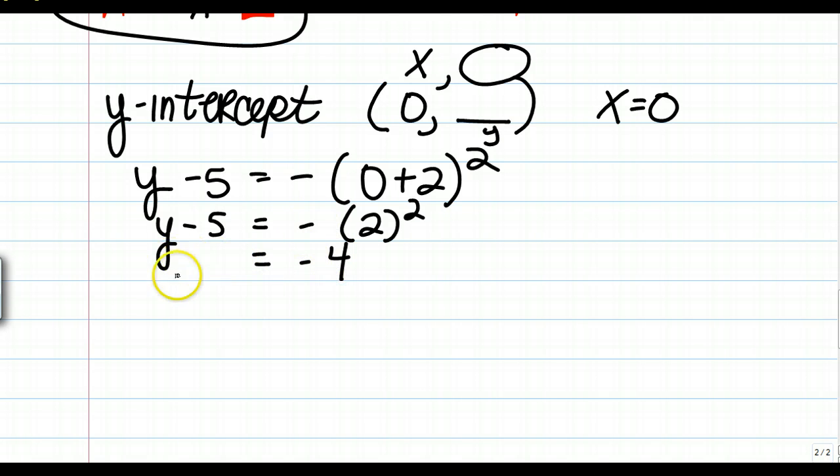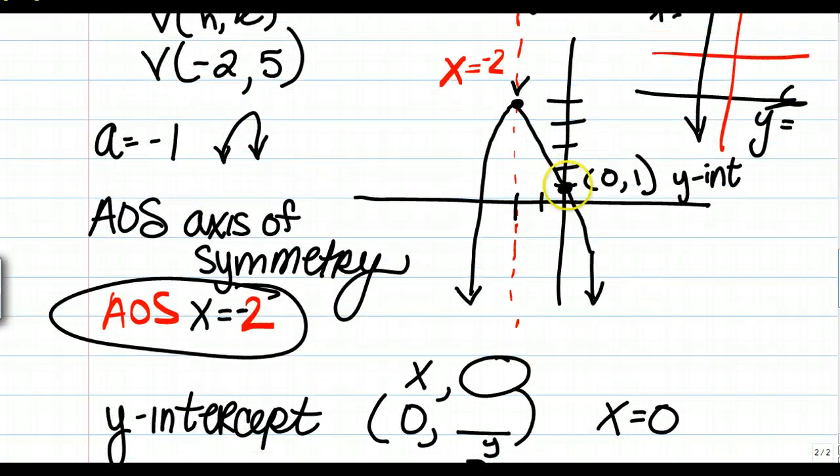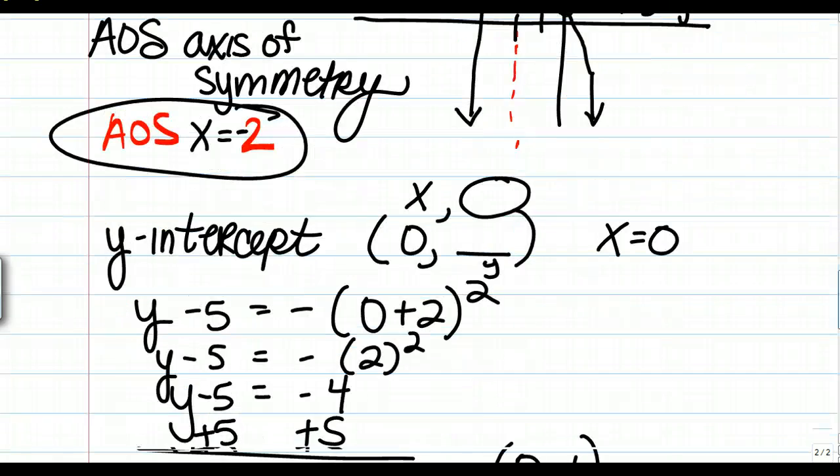Bring down the negative. Then we have to add 5, because we've got to get y by itself. And we have y equals 1. So that means we have the point 0, 1. So when I draw my parabola, I want to make sure that my y-intercept crosses at 0, 1.